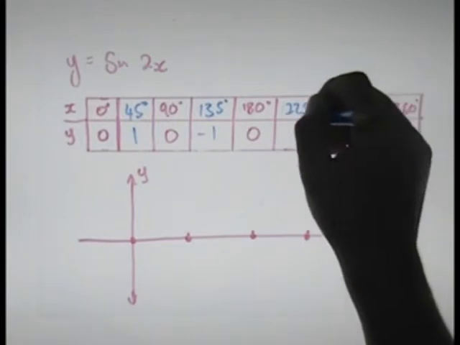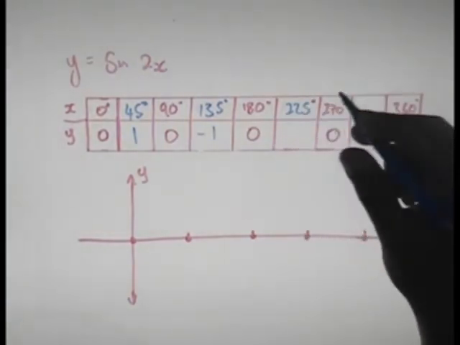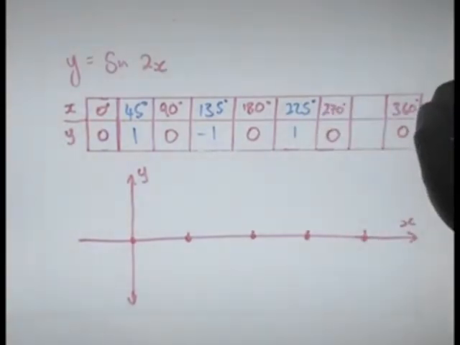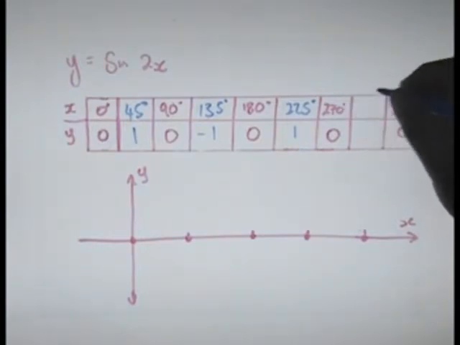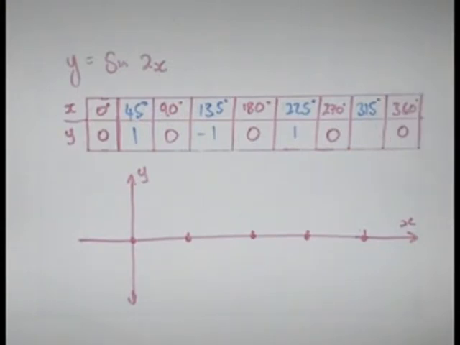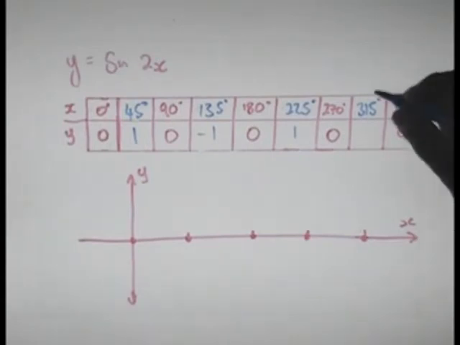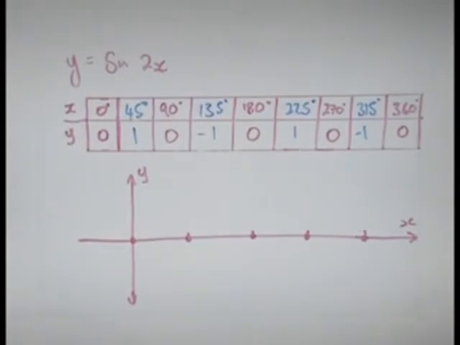Sine of 2 times 225, which is the same as sine of 450, is equal to positive 1. The next one is between 270 and 360, which is 315. 315 times 2 is 630. Sine of 630 is negative 1.